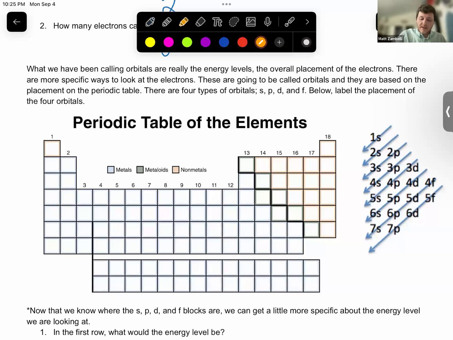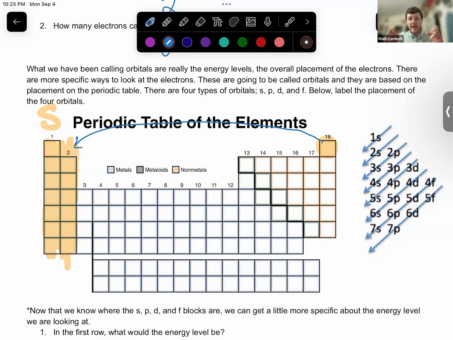Okay. Our first section is going to be our S block, which is going to be this block right here. Right. Our first 2 columns is going to be called our S block. Right. And what you need to know is this one right here, helium, actually goes along with our S block.